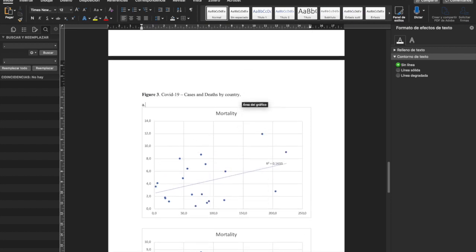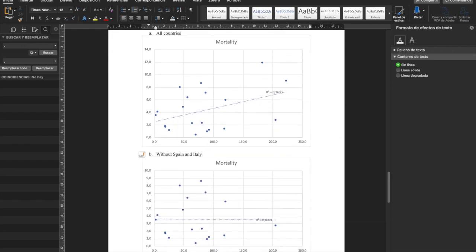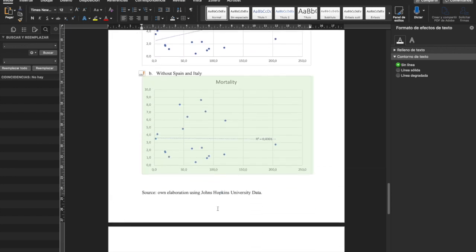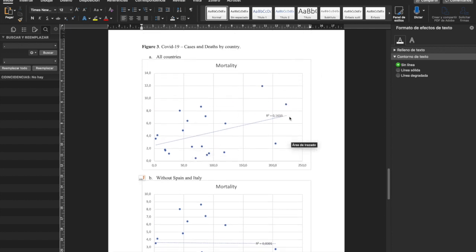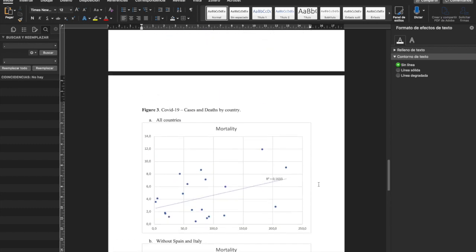For example, here A, all cases, all countries, and B, without Spain and Italy. So now we have a page that shows us exactly how the exclusion of Spain and Italy changes the result.